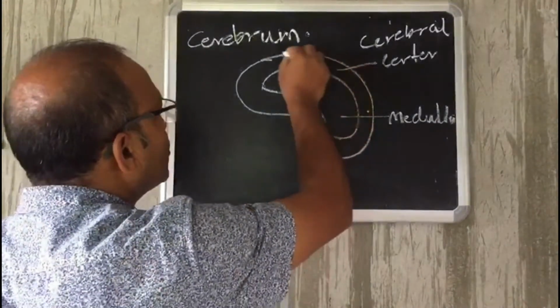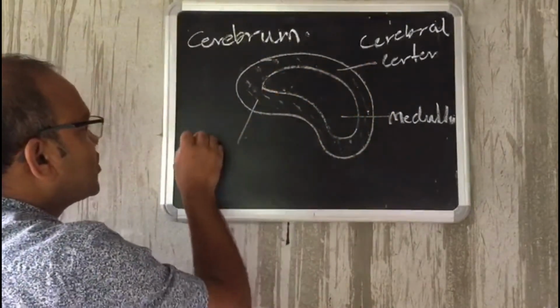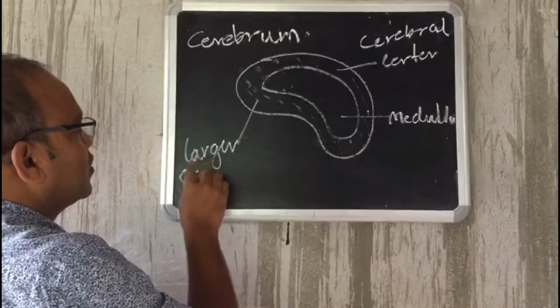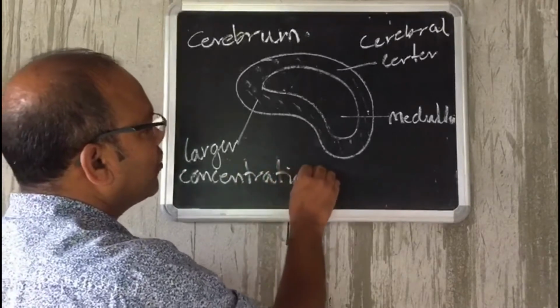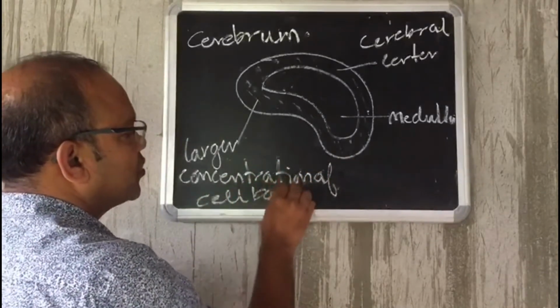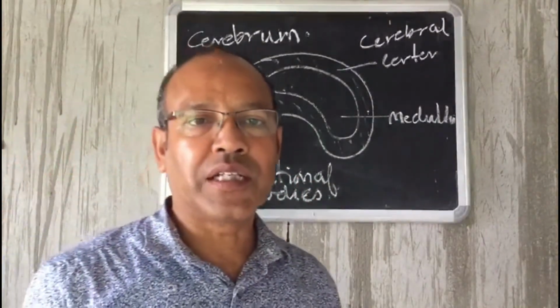It has a large concentration of cell bodies. Cell bodies are the largest part of a neuron, that is a nerve cell.